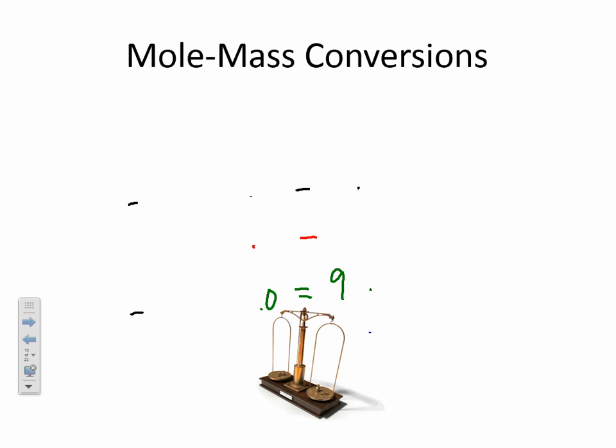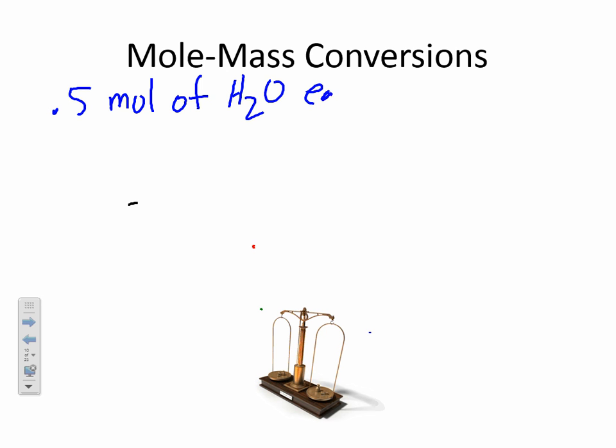If you get a question like, how much does 0.5 moles of water equal in grams? All right, you might have to do that. Well, first you're going to have to figure out the weight of water.